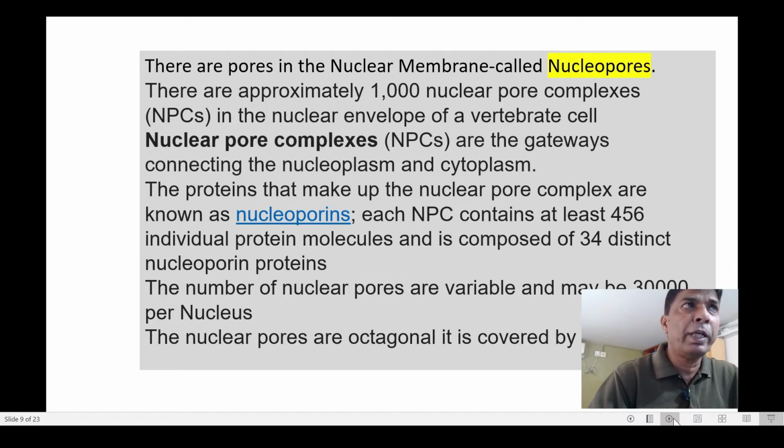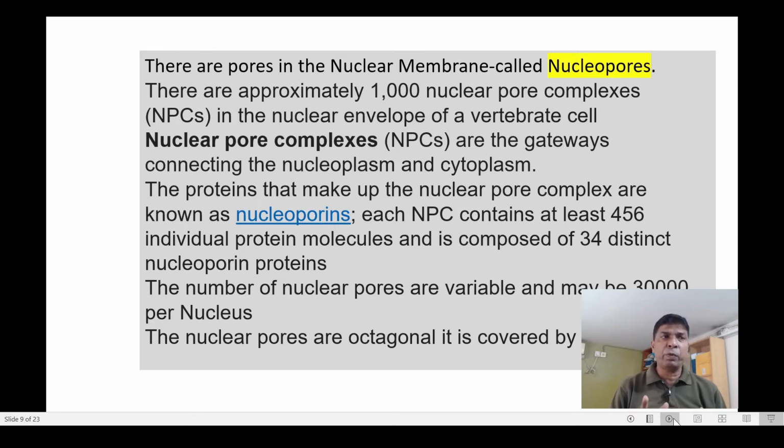Now what are these nuclear pore complexes? These are the gateways connecting the nucleoplasm and the cytoplasm. The proteins that make up the nuclear pore complexes are known as nucleoporins. There are at least 456 individual protein molecules composed of 34 distinct nucleoporin proteins, and there are about 30,000 nuclear pores per nuclear membrane.